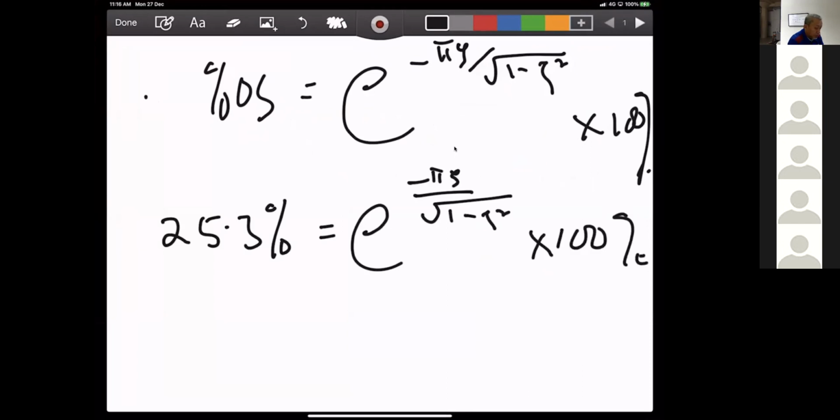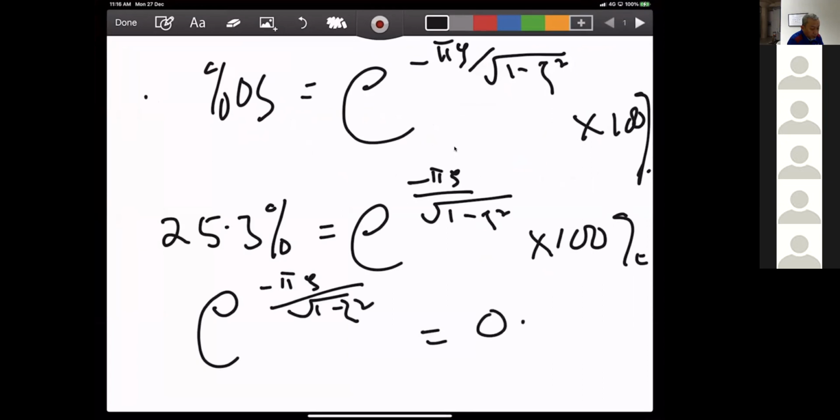So it can change like this: 0.253, right? Then how are we going to simplify this?